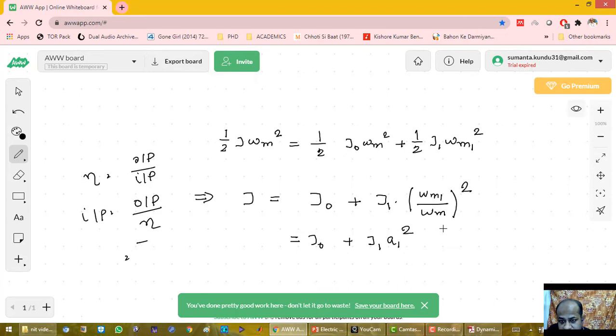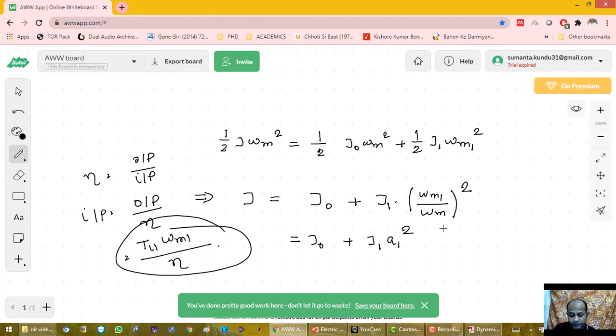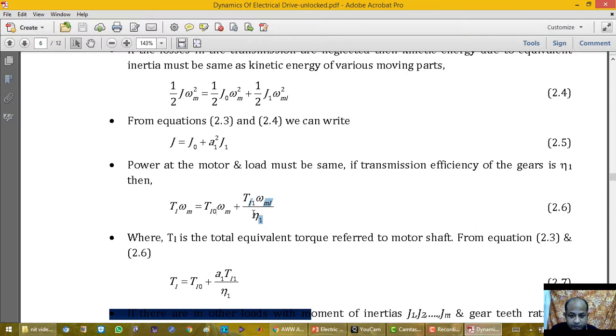The output is torque, that is TL1, and the speed is omega m1, divided by eta. So this is the input power of the load which is connected through the gear. This is the gear load, and the other is for the load directly connected to the shaft.